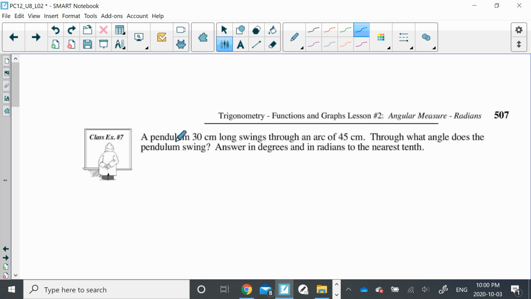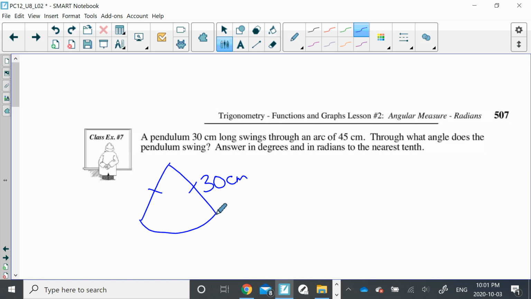A pendulum is 30 centimeters long. It swings through an arc of 45 centimeters. So essentially what we have is this pendulum, a 30 centimeter long pendulum, and it swings back and forth.